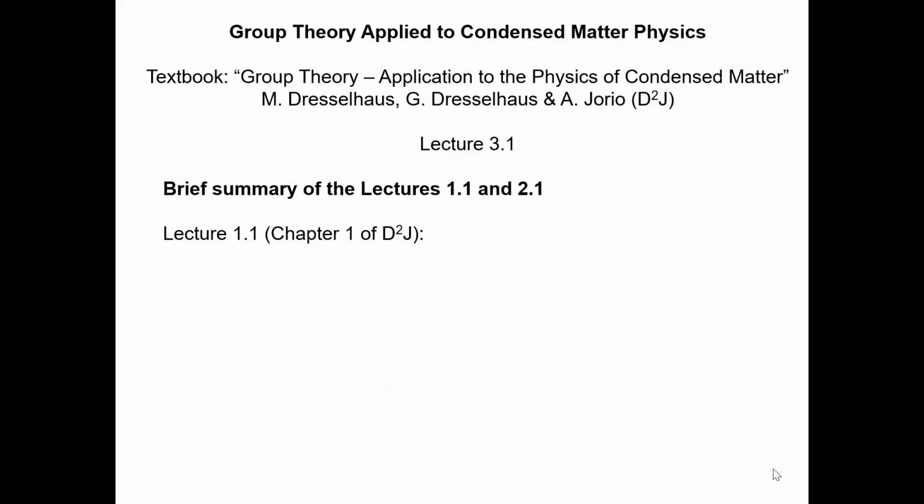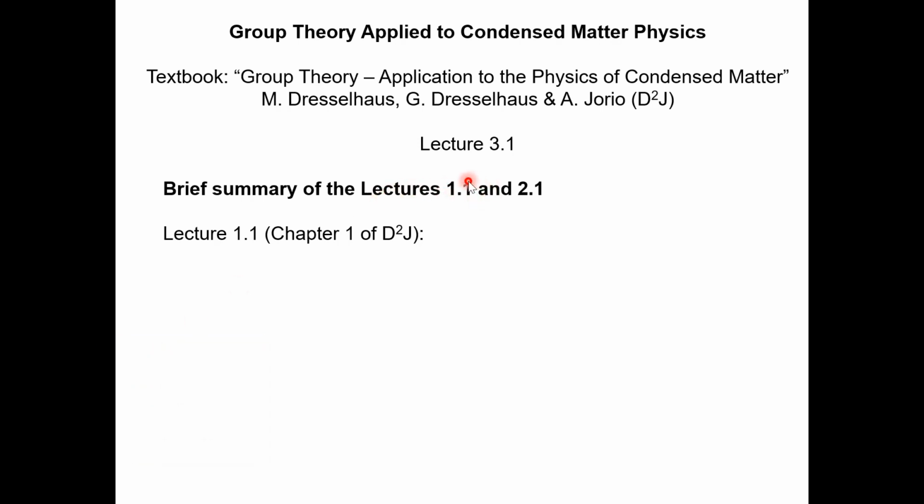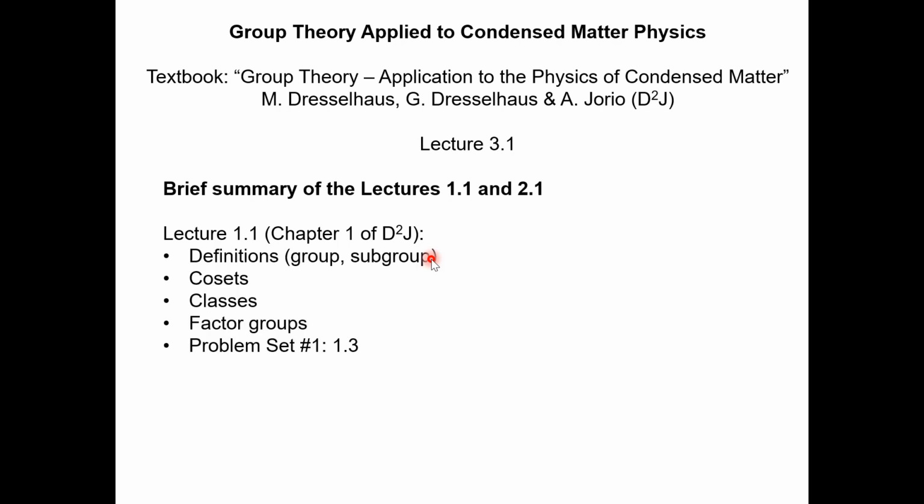Okay, so this is the third lecture of the group theory course. The first two lectures that we did last week or the week before that, just a brief summary of them. The first lecture we discussed chapter 1 of the textbook. This is our textbook, and basically we discussed some basic definitions of group, cosets, classes.